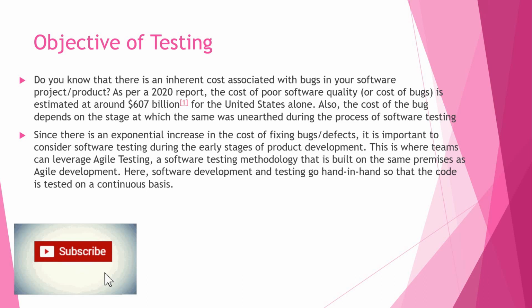Also, the cost of a bug depends on the stage at which it was unearthed during software testing. Since the cost of fixing bugs and defects increases exponentially, it is important to consider software testing during the earlier stages of product development.